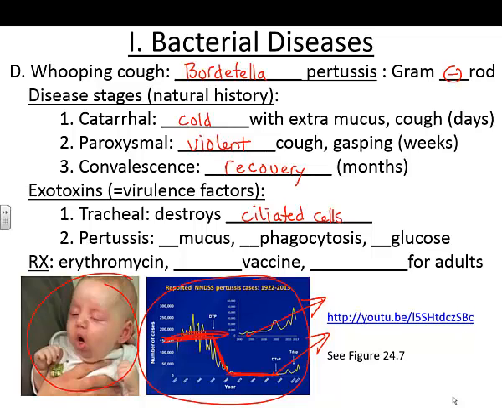The second is known as the pertussis toxin. This toxin is secreted into the bloodstream and causes an increase in mucus production, a decrease in phagocytic cell function, and an overall decrease in available blood glucose for the body's cells.